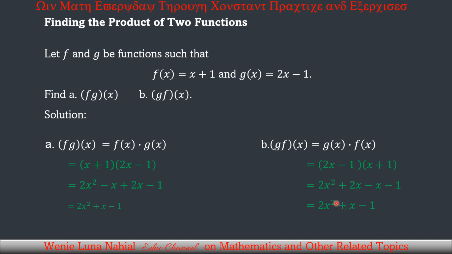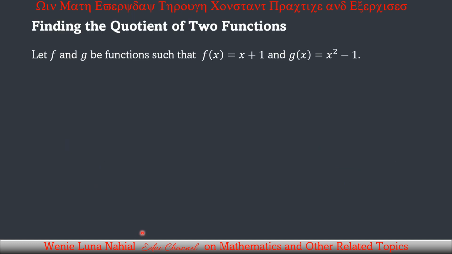Combining terms, we have 2x squared, then 2x minus x, that is x, then negative 1. You see that the product of the two functions, even if their position is interchanged, we got the same product. So multiplication of two functions is commutative.